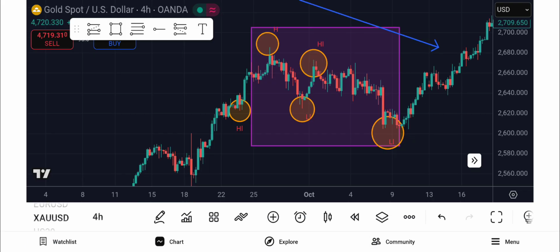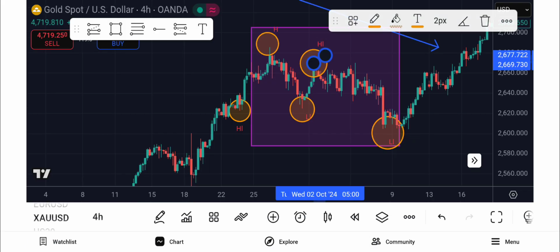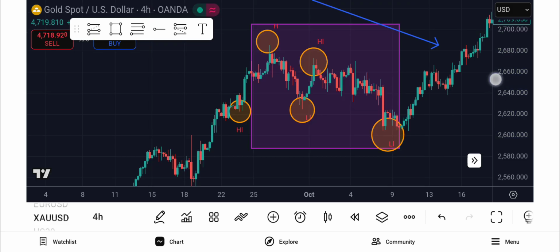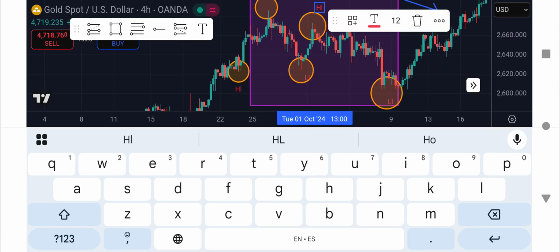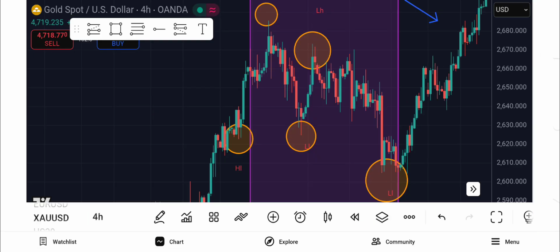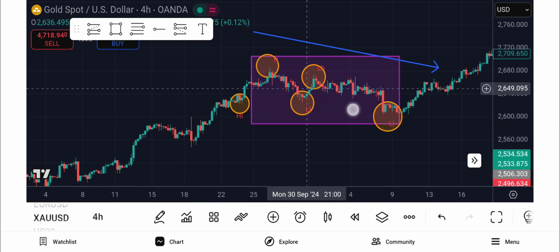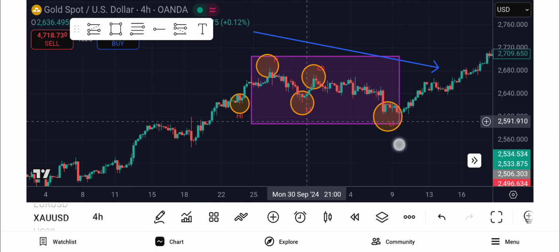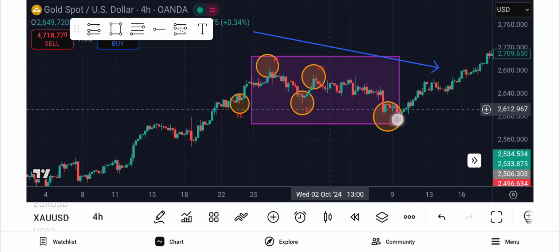Oops, excuse me, messed up here. Meant to put lower high. Okay, so this high took out this higher low, formed the lower low, went up, made a lower high, came back down, took out this lower low, formed the new lower low.